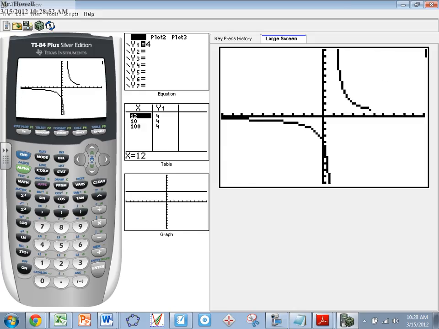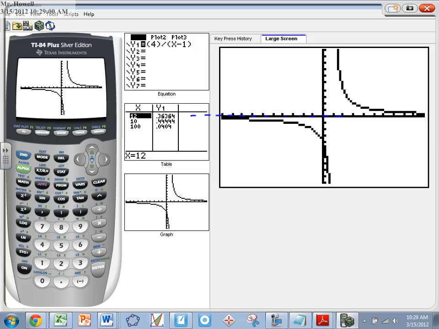There it goes. And what you're going to notice is this. Your horizontal asymptote, as we said a minute ago, occurs at the line y equals 0. And take a look. This graph wants to get closer and closer, right? That's why it's called an asymptote. Same thing over here. This part of the graph gets closer and closer, but it never is going to touch the line. It's called an asymptote.